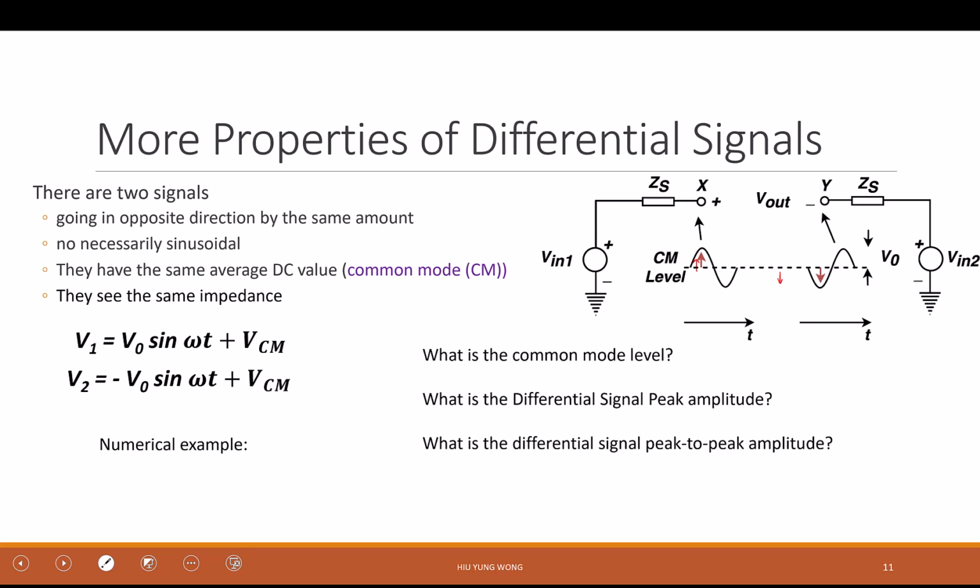So what is a differential signal? It doesn't need to be sinusoidal. As long as it goes in the opposite direction by the same amount, and they have the same DC value, which we call the common mode, and they see the same input impedance, then they are differential signals. For example, if I look at time as the x-axis, and voltage on the y-axis, I could have a signal like this.